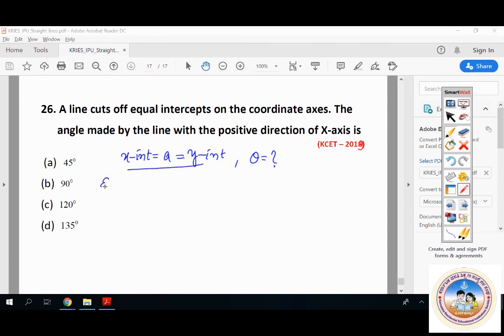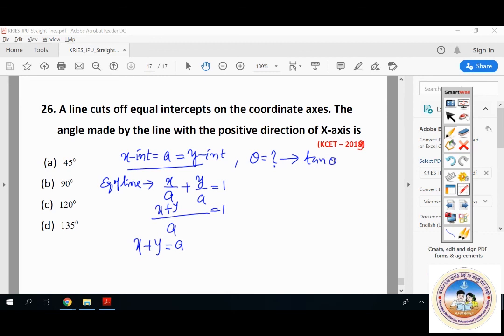Equation of line. So equation of line is given by x divided by a plus y divided by a is equal to 1 ಆಗುತ್ತೆ. ಇಲ್ಲಿ a LCM ತಗೊಳ್ಳಿ, x plus y, this will be equal to 1. Now you get x plus y is equal to a. So if you want theta, you need to find out what is tan theta. ಅರ್ಥ ಆಯ್ತಾ?